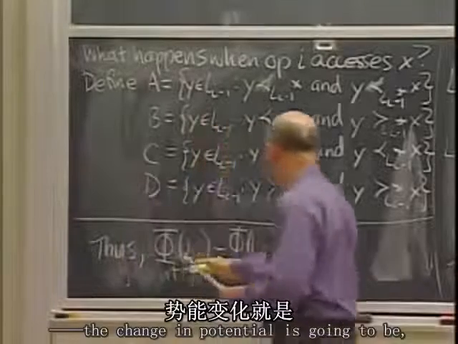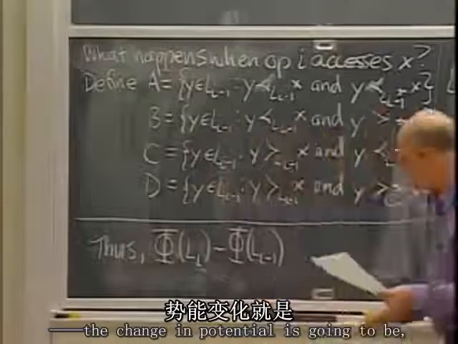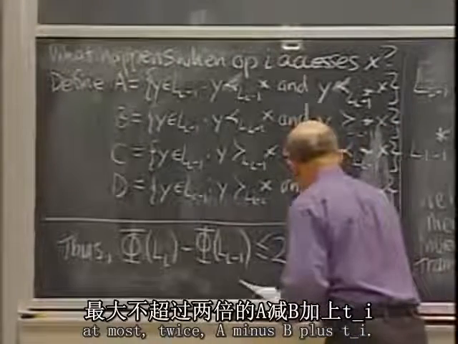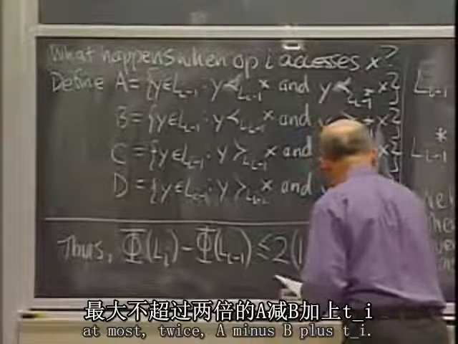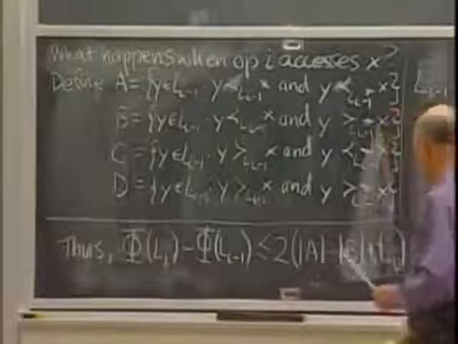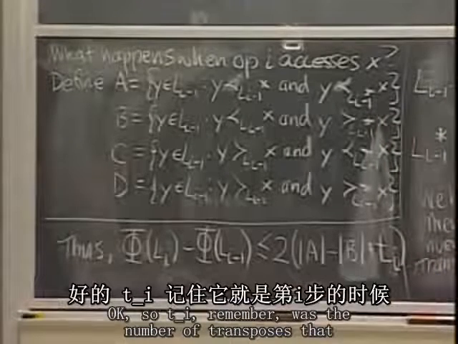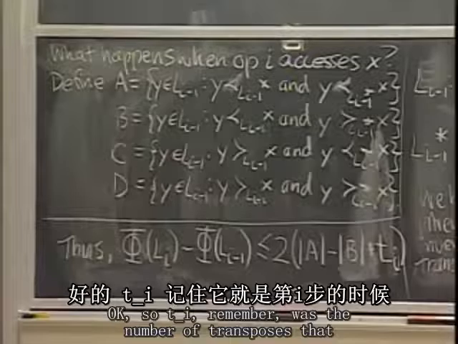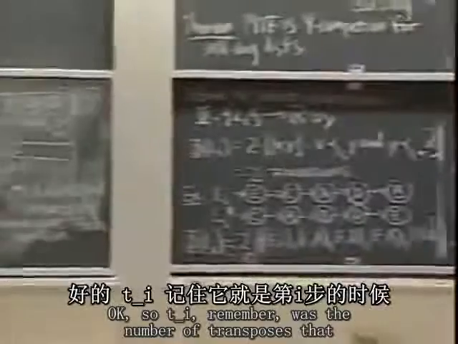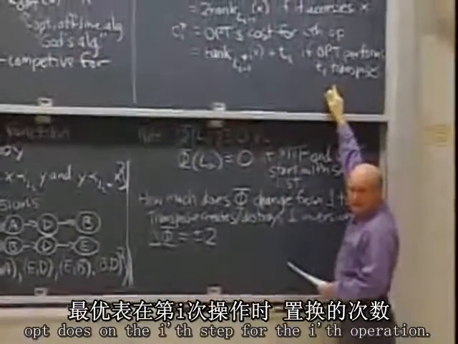the change in potential is going to be at most twice A minus B plus t sub i. Remember, t sub i was the number of transposes that OPT does on the ith step, for the ith operation.